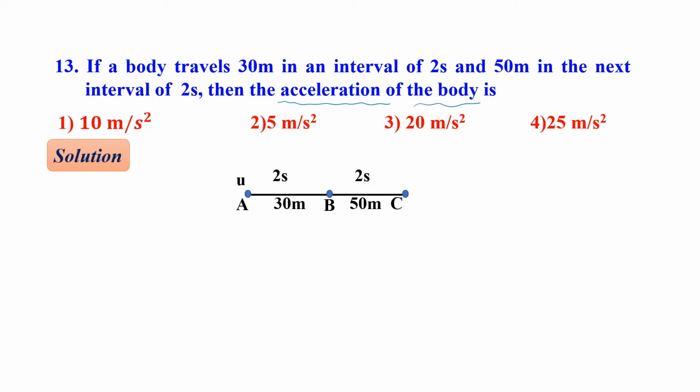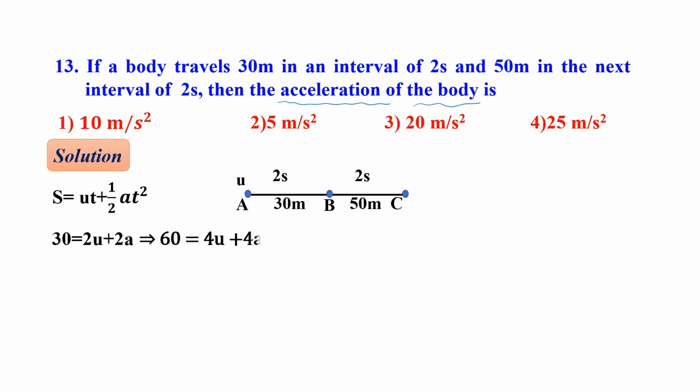See this: A to B is 30 meters in the interval of 2 seconds and B to C is 50 meters in the interval of 2 seconds. From the second equation of motion, s equals ut plus half a t square.